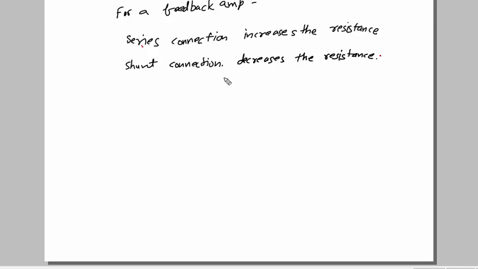For the series connection, input side series connection means what mixing we are doing. Okay, we are mixing the voltage. Okay, so suppose we had some voltage source here. Now I am going to use a particular voltage source. So suppose we have a voltage source here, Vs. It has internal resistance Rs.